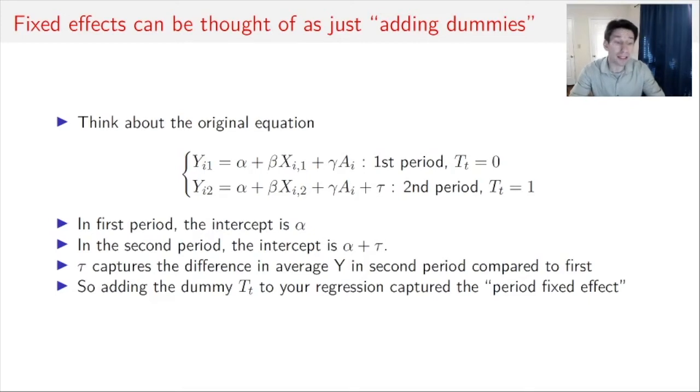So when you added this t dummy to your regression, what you did is you captured the period fixed effect, the effect of being in period 2 compared to being in period 1. That is the average effect on y of being in the second period compared to the first.